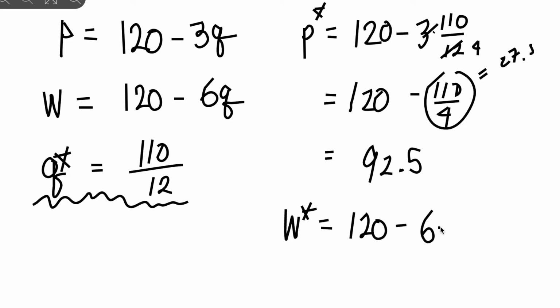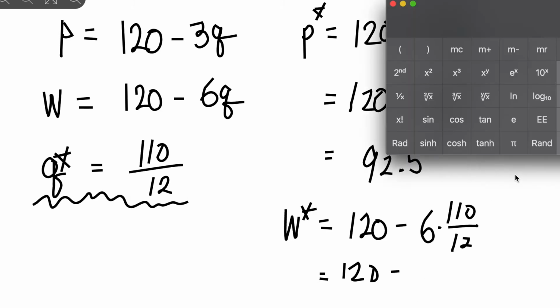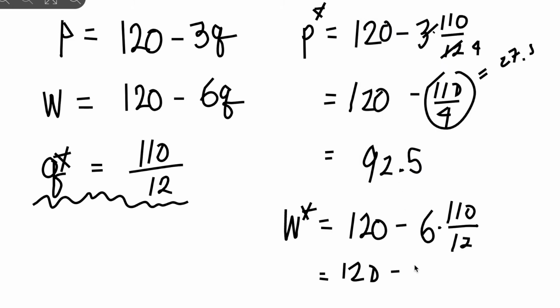And we can get the W star as 120 minus 6 times the Q star of 110 over 12. So once again, we get 120 minus 110 times 6 over 12, which is 55.